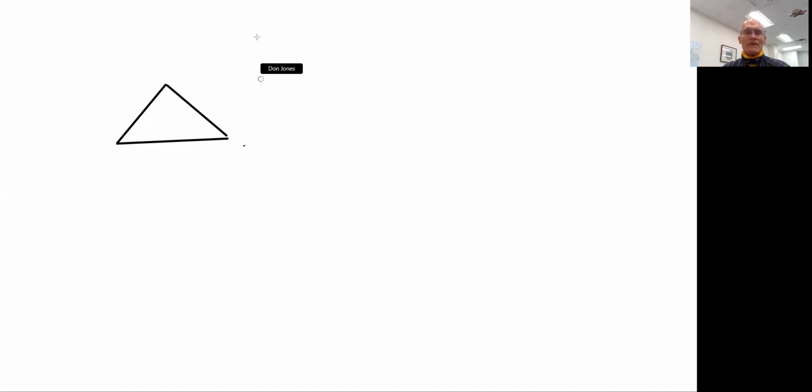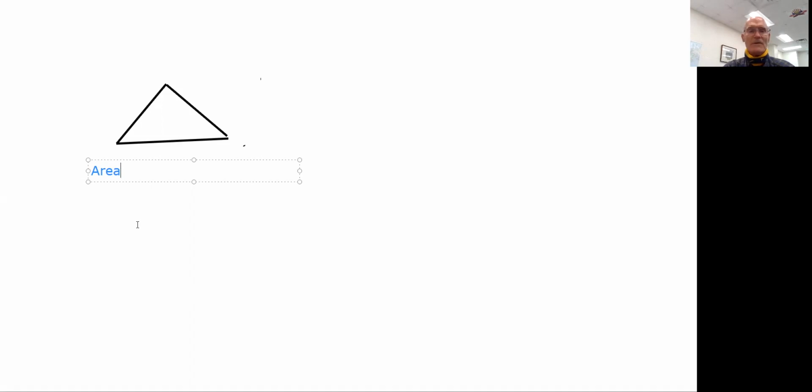Okay, and we can label this triangle ABC. The things we're looking for in all of these figures are the area, and we're also looking for the perimeter.